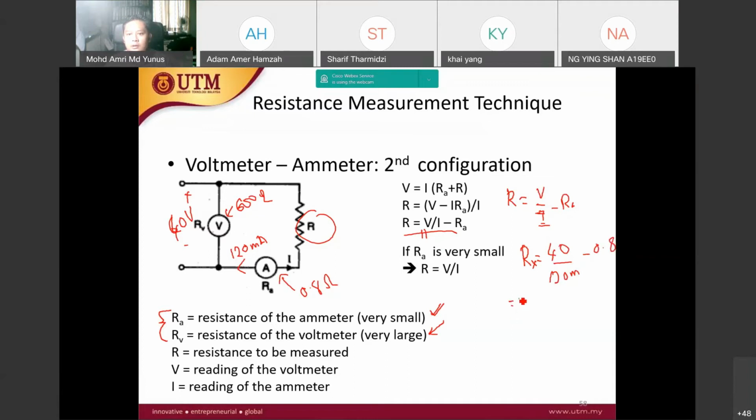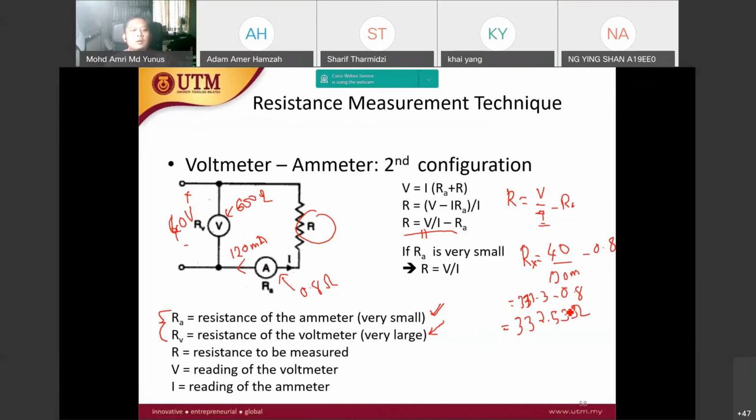So this is 333.3 minus 0.8. It is around 332.53 ohm.